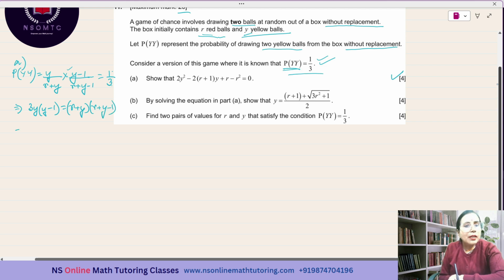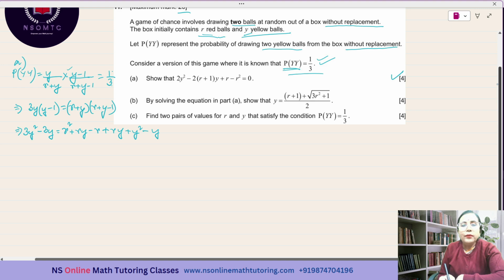Okay, so this is 3y² − 3y equal to r² + ry − r + ry, it is yr or ry, they are the same, plus y² and minus y.